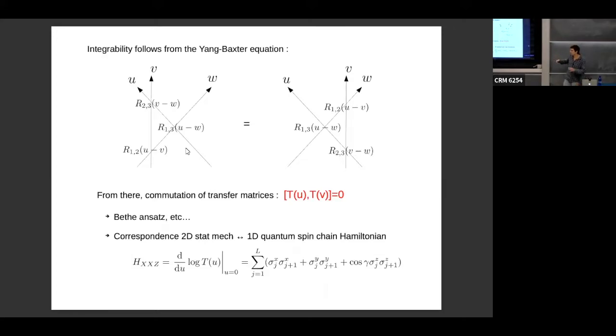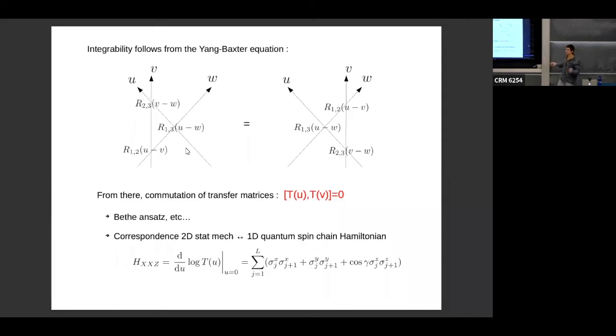So I won't say more about this, but let me just briefly mention one aspect, which was also well used in Gilles' talk. I said that transfer matrices for different values of the spectral parameter commute. In particular, if you take the logarithmic derivative with respect to the spectral parameter around some special point, here in our conventions u equals 0, you recover an object which is a sum of nearest neighbor interacting terms, and which takes this form.